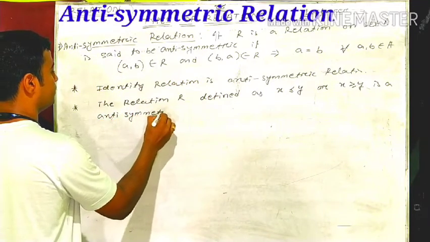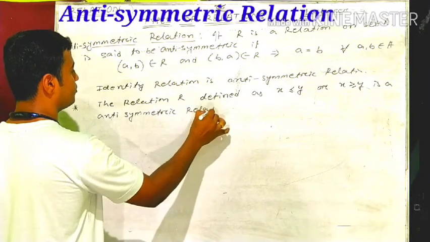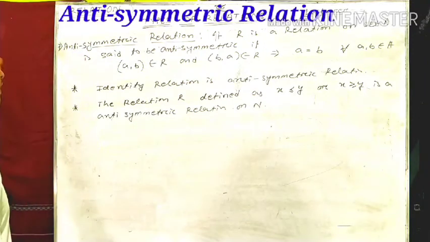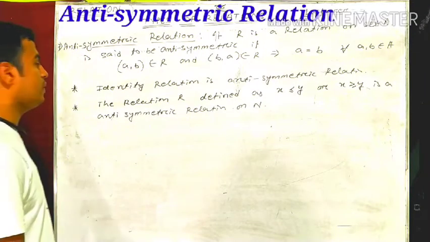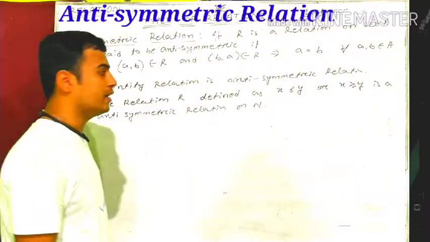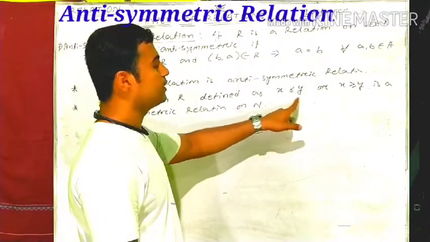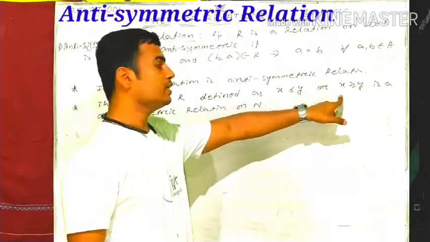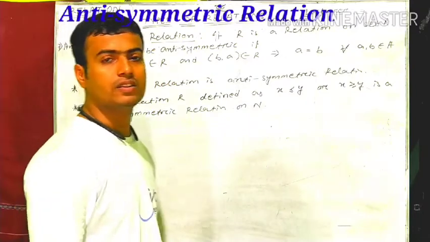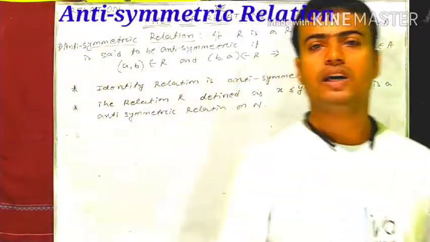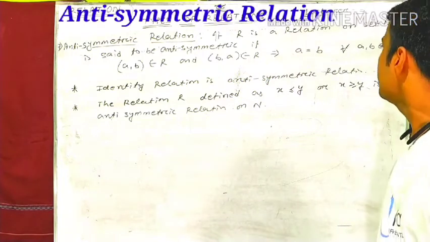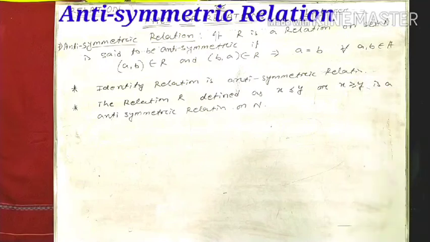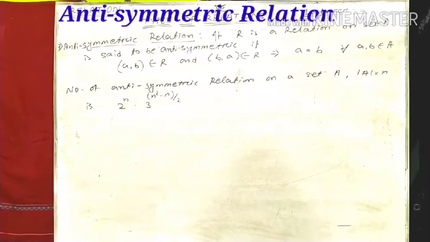Anti-symmetric relation on the natural numbers N. The relation R defined as x less than or equal to y or x greater than or equal to y is an anti-symmetric relation on N, because sometimes x equals y. So an anti-symmetric relation gives us (a,b) belongs to R and (b,a) belongs to R implies a equals b.